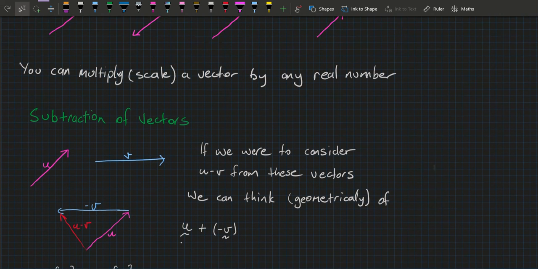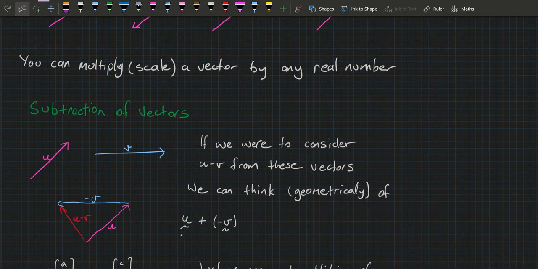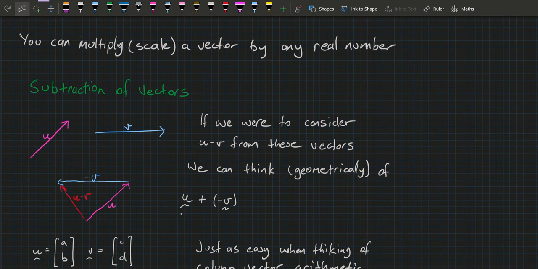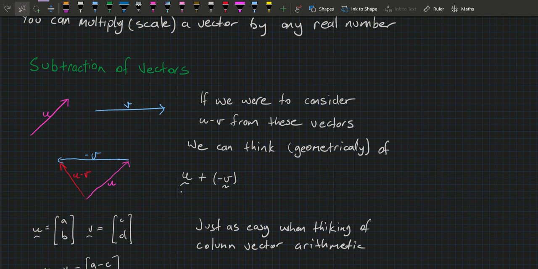And subtracting vectors, so if we were to consider u minus v from these vectors, we can think geometrically as u plus minus v.